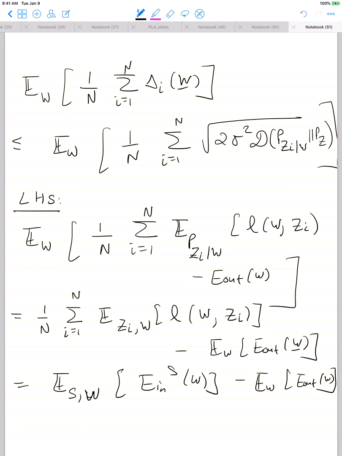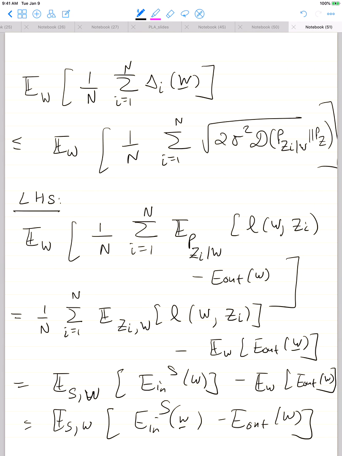So these two are the same, and the second term is just E out of W. So this is the quantity we wanted: E of S, W of E in of S and W minus E out of W. So it does not matter how you take the average, how you take the expectation, they all commute basically.